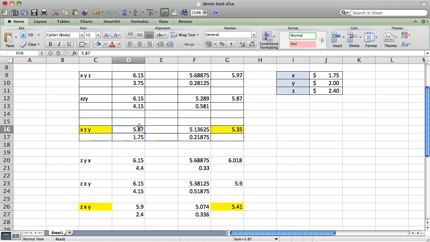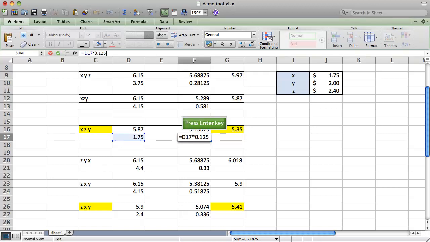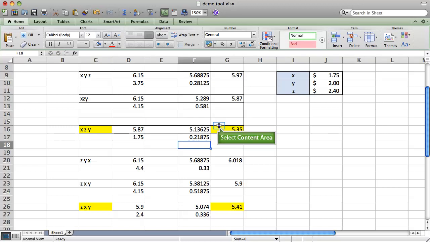So $5.87 is what we're going to pay when we pass X, which we're going to do 87.5% of the time. But if we were to fail test X, we would only pay $1.75, and that's going to happen the other 12.5% of the time. So considering all of our information for the sequence X, Y, Z, we would get an expected cost of $5.35, and we can fill in all of this information on our decision tree.